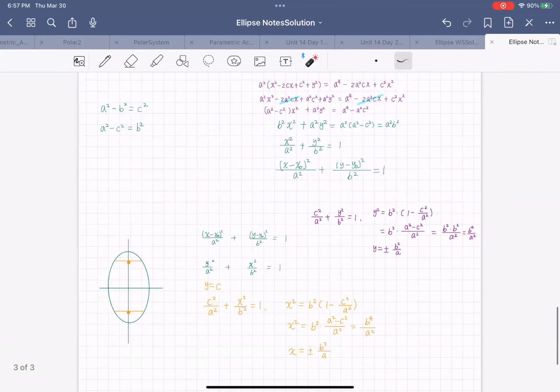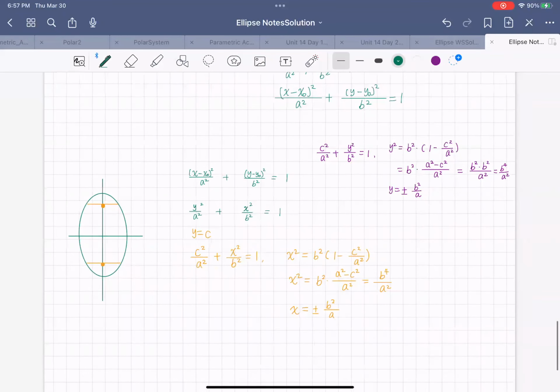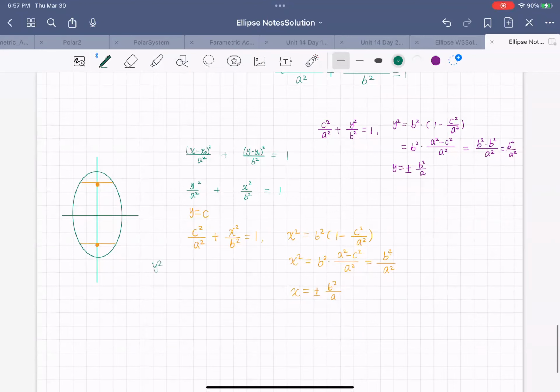If you want a vertical ellipse, you are going to put it in this direction. So in that way, you have to make your y squared in front, and you put a squared under it, plus x squared over b squared equals 1.